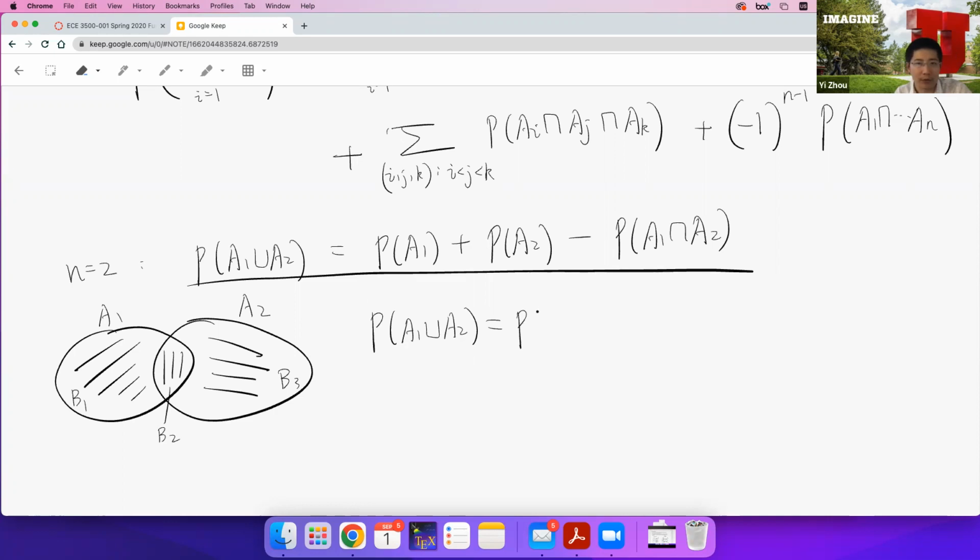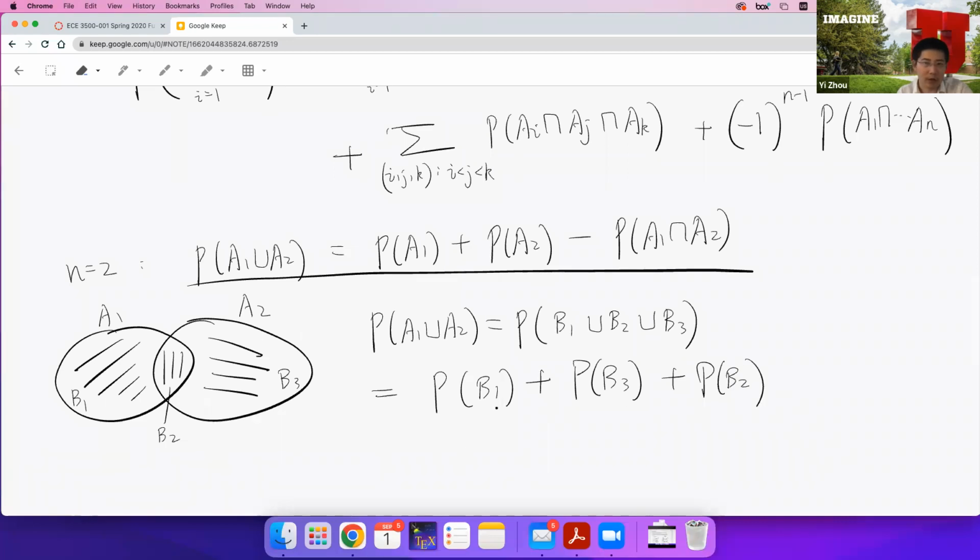A1 union A2 is apparently B1 union B2 union B3. And these 3 parts, B1, B2, B3, they are disjoint. They are mutually exclusive. So I can decompose it.